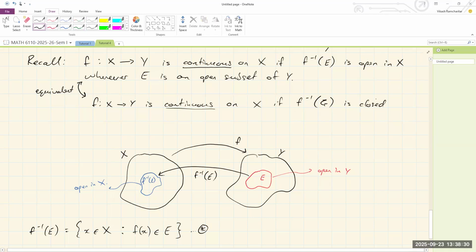So I'm rewriting the same definition, but with respect to the closed sets. It not only pulls back open sets in Y to open sets in X, but it also pulls back closed sets in Y to closed sets in X. So the pre-image of G is closed in X whenever G is a closed subset of Y. Okay, so not only does it pull back open sets to open sets, it also pulls back closed sets to closed sets.